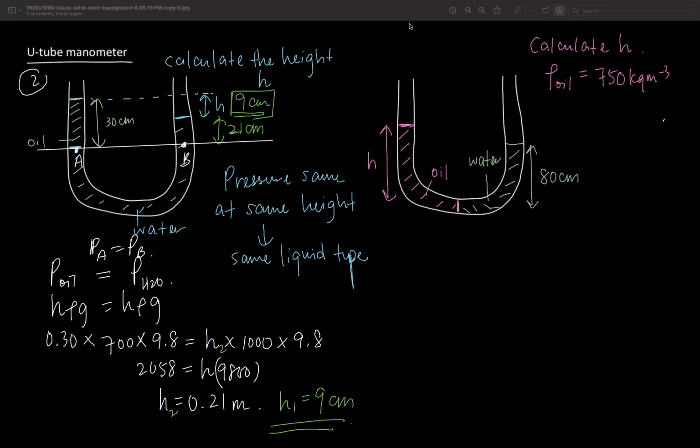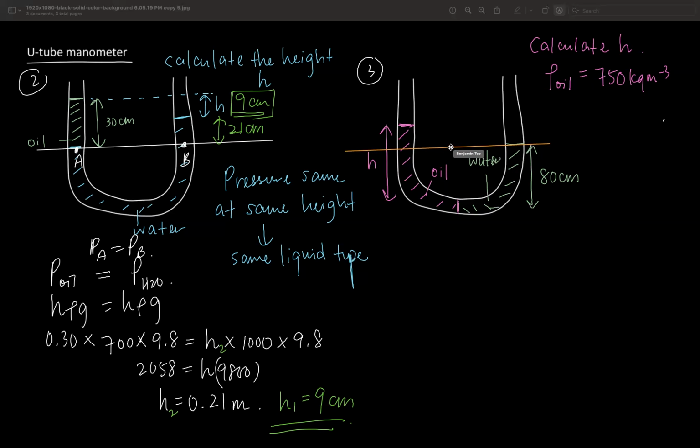Okay, example 3. Where is the equilibrium pressure? The same pressure point. Can I draw it here? Cannot, right? It's not the same liquid. On your left, you have oil.